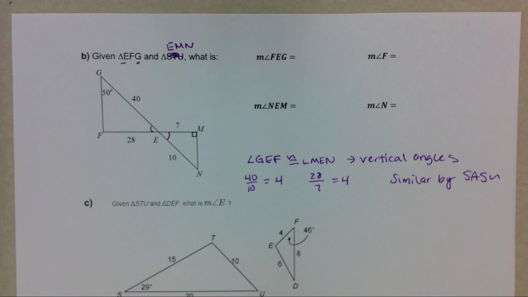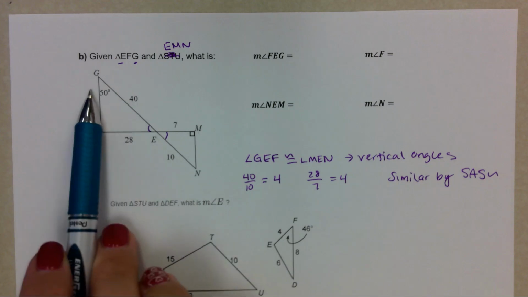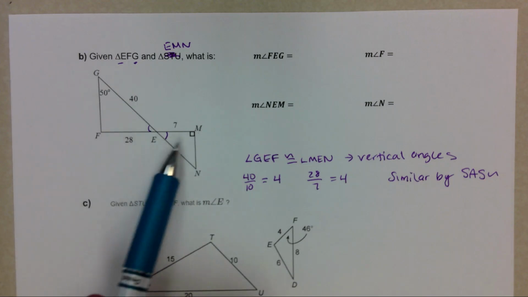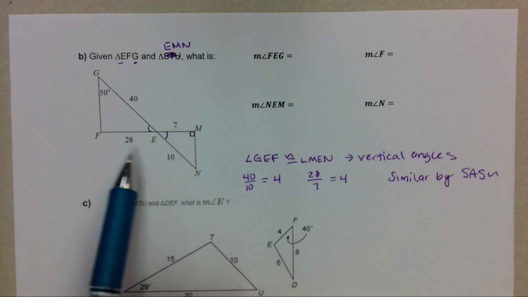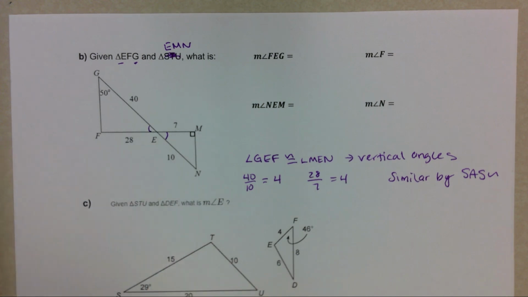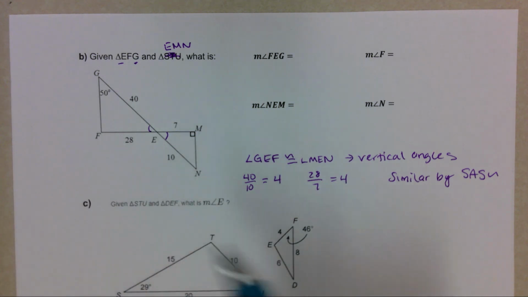So then I know corresponding angles are congruent. So angle FEG is congruent to MEN because they're vertical and because they're corresponding. If angle G is 50, then angle N is 50.